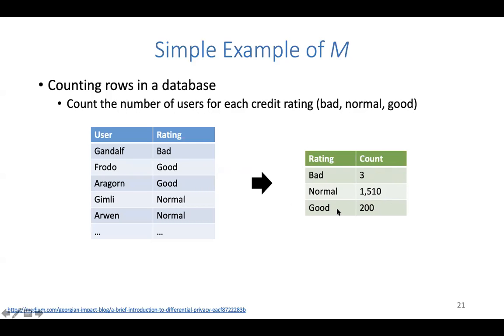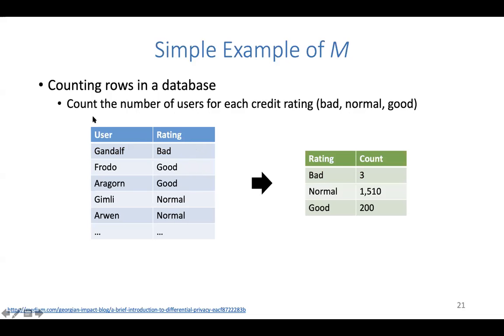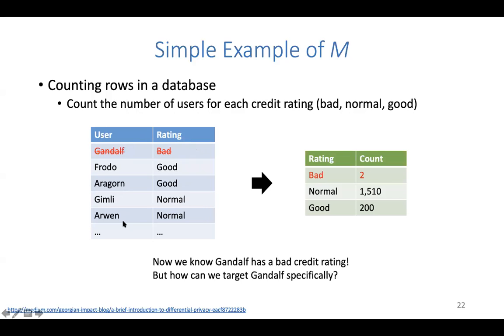For example, let's assume that we remove Gandalf, who has a bad credit rating, from the database. The difference between this data set and this data set is by 1 user. This is the setup that we talked about in differential privacy, with X and Y differing by only 1 person.